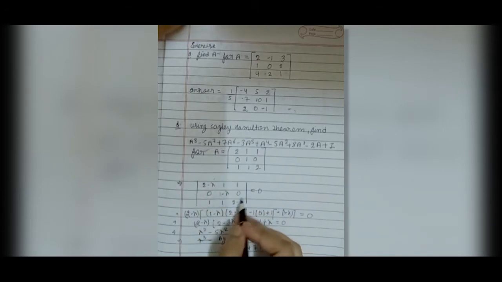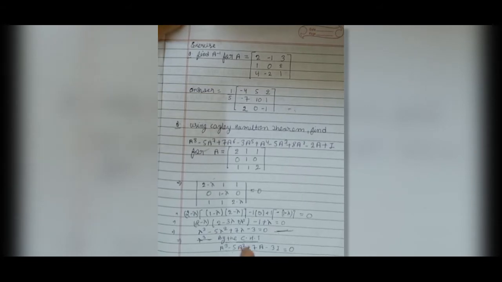You will get this, and solving the determinant, you will get lambda cube minus 5 lambda square plus 7 lambda minus 3 equals to 0 as your characteristic equation. Now by the Cayley Hamilton theorem, you can substitute A in place of lambda. You get A cube minus 5A square plus 7A minus 3I equals to 0.